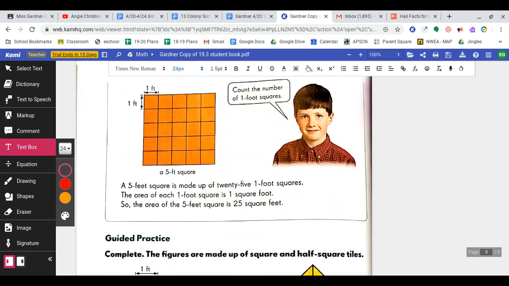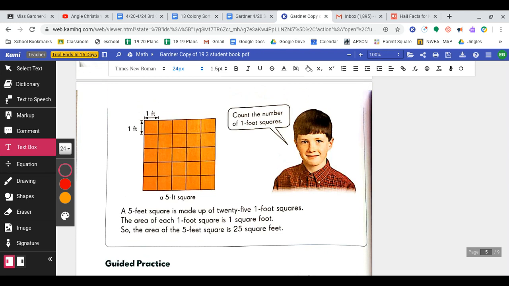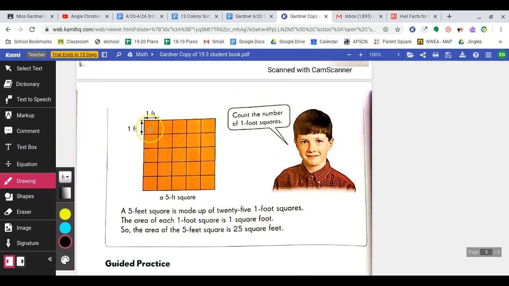Okay, so a square foot is, once again, 1 foot in length and 1 foot in width. We could count up the number of 1 foot squares here to figure out the area, or we can multiply, which is the faster way to do it. So let's multiply how many feet wide it is and how many feet long. 1, 2, 3, 4, 5 times 1, 2, 3, 4, 5.